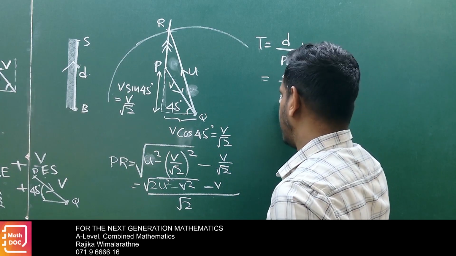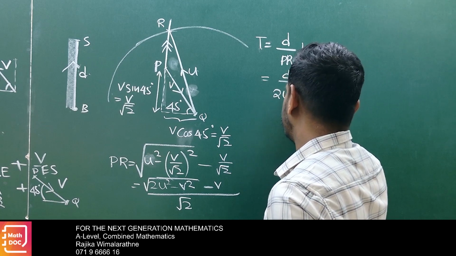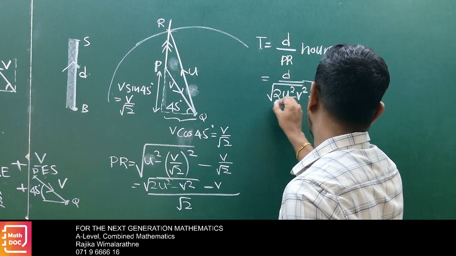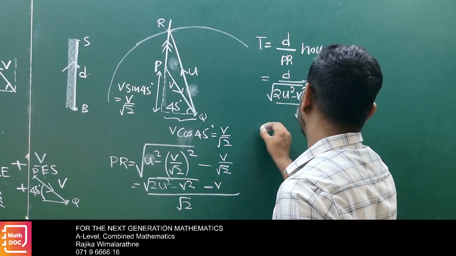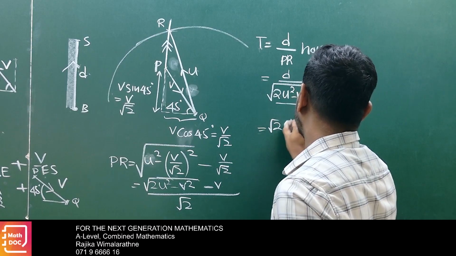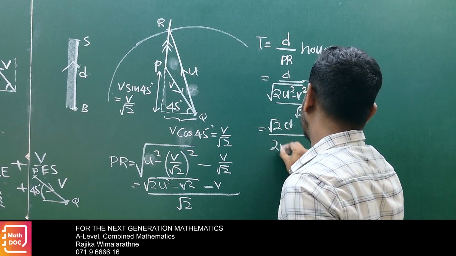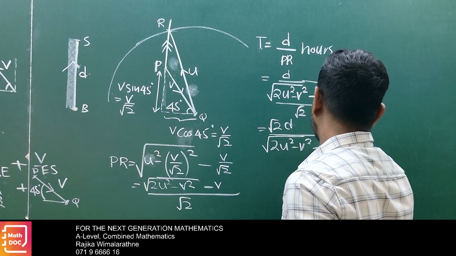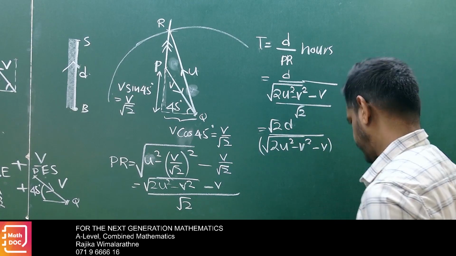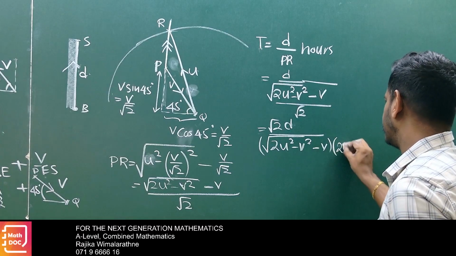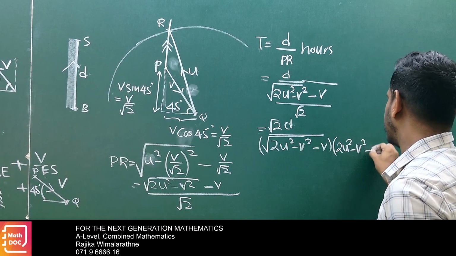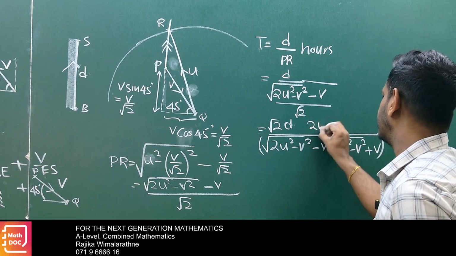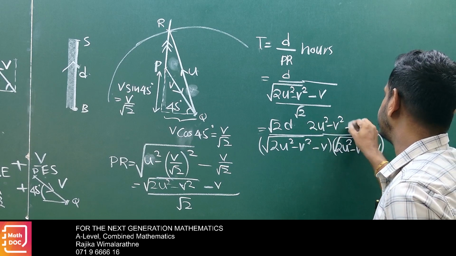D divided by PR means root 2D over root of 2U squared minus V squared minus V. Multiply by the conjugate: root of 2U squared minus V squared plus V, in numerator and denominator.